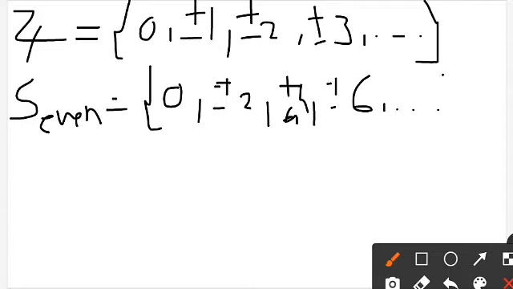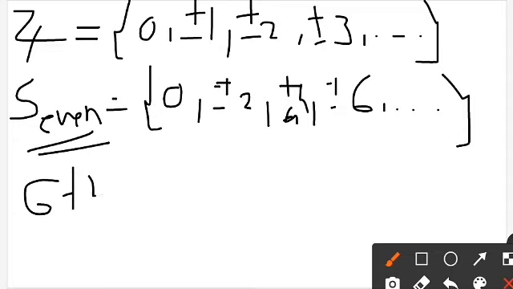Okay, so first of all we will need to check that S is closed. If we take any two elements of S, suppose 6 and 2, then 6 plus 2 will give us 8, which is even, therefore it is closed.